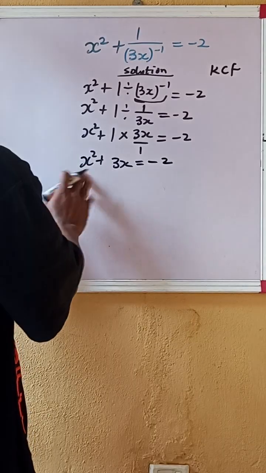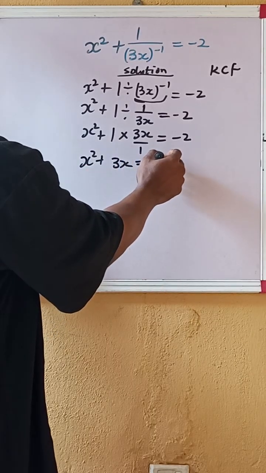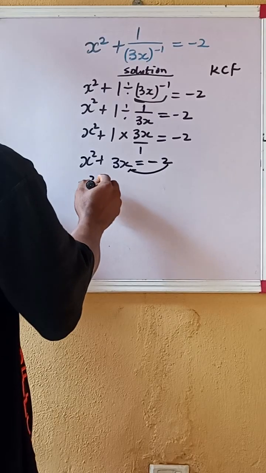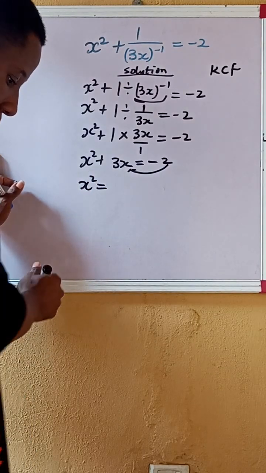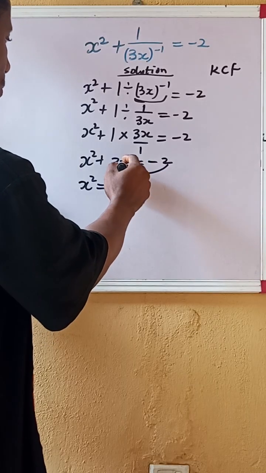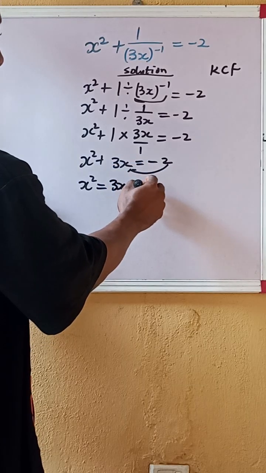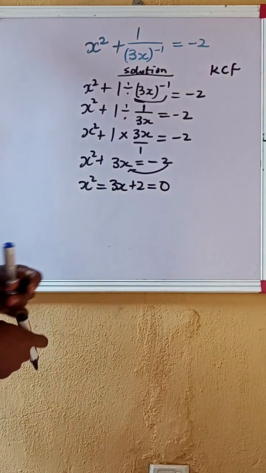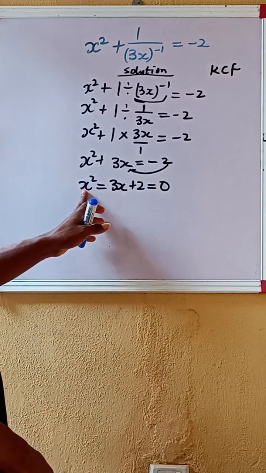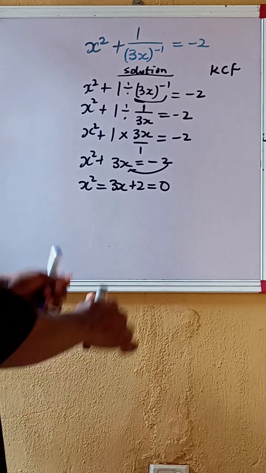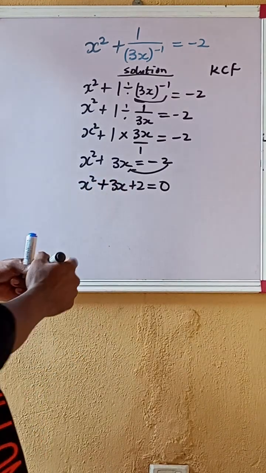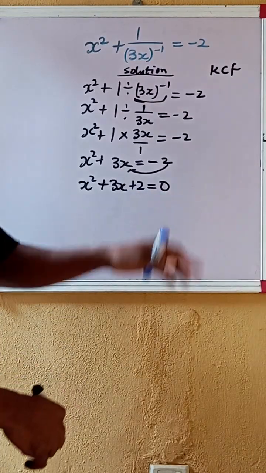Now we are going to move this number to this side. So we have x squared, which equals 3x minus, if you move to this side, minus will change to plus 2, which equals 0. So now we have a quadratic equation. So we have x squared plus 3x plus 2 equals 0.